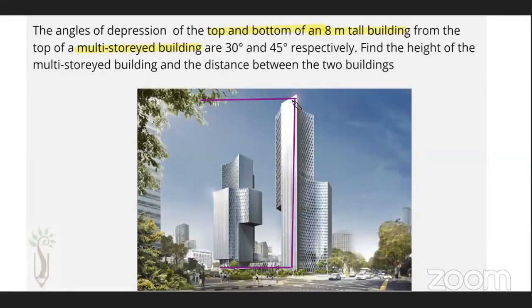And from the top of the taller building, the angle of depression of the top of the building and the bottom of the building like this. I think I need to mark a little bit. Yes, this is the base. Vivek, give me the angle of depression of the top and then the angle of depression of the bottom.